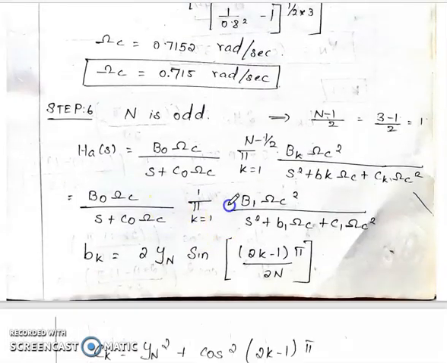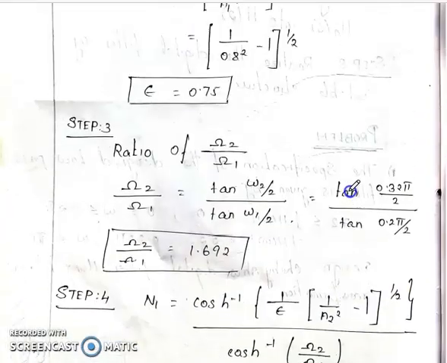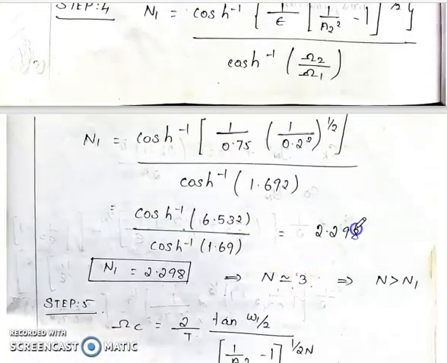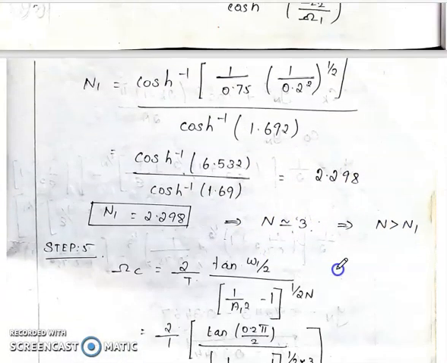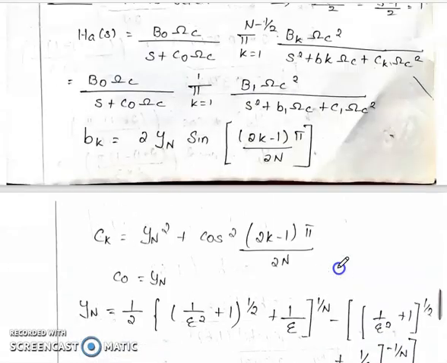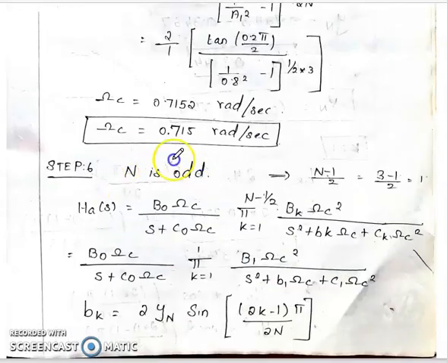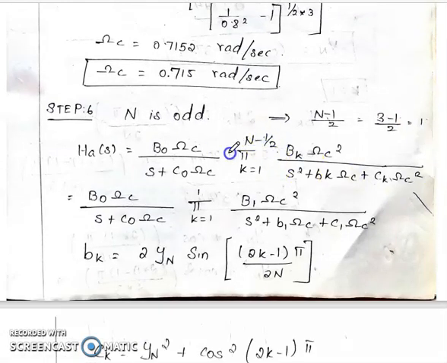Then the order of the function will be 3, so the filter order is an odd number. So n minus 1 by 2, we get 3 minus 1 is 2, 2 by 2 cancels, so the solution will be 1. So here we have to consider only one product term.